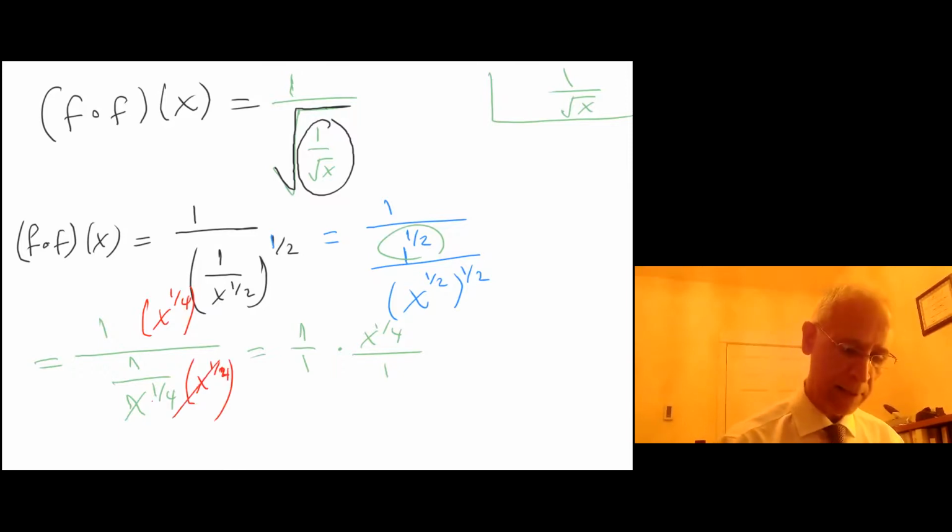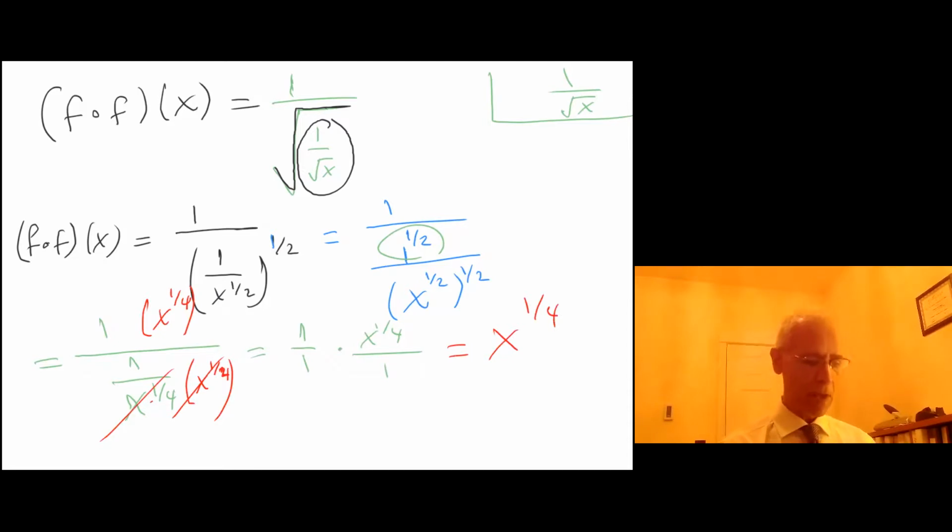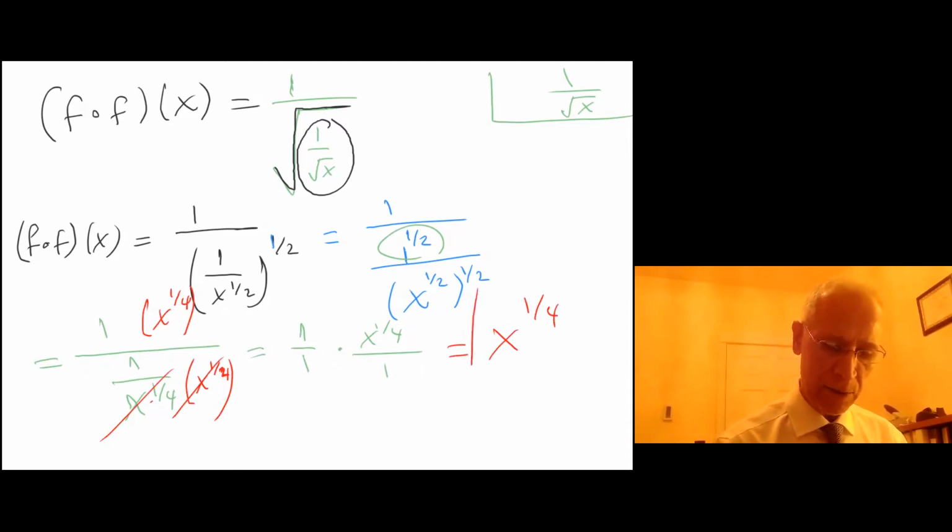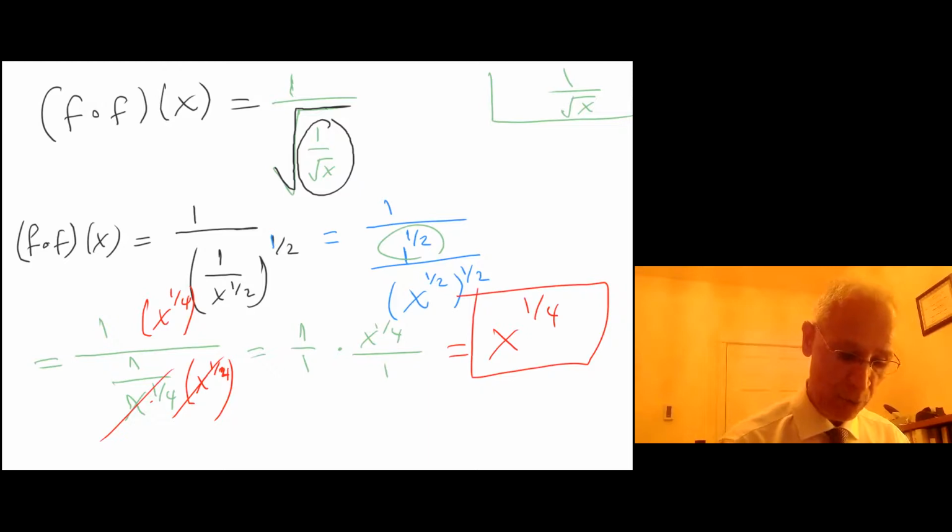So this cancels, and I'm left with x to the power of 1/4. So f of x equals x to the power of 1/4, and now it's time for me to write down the domain.